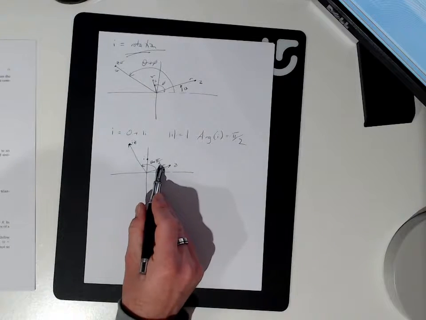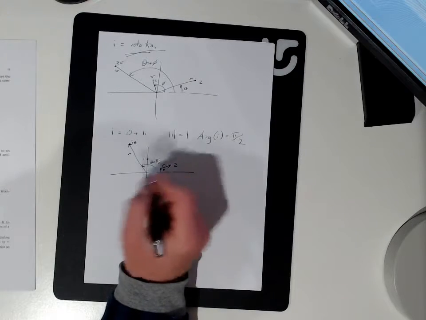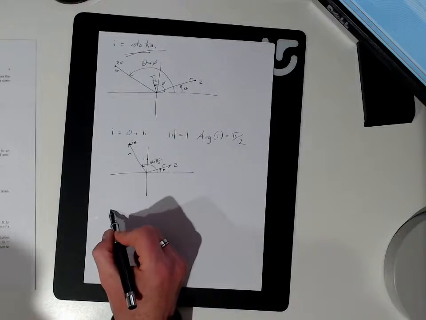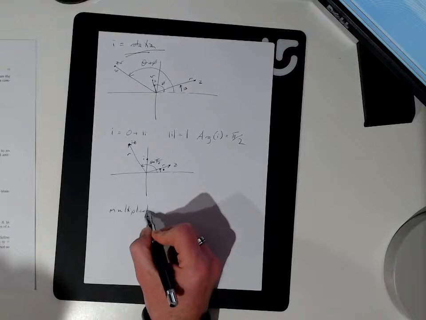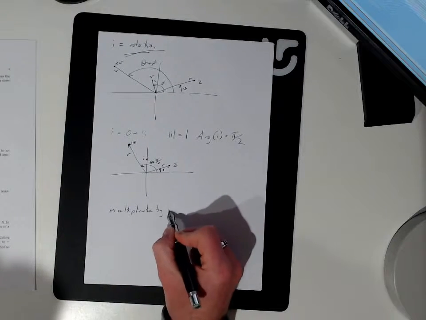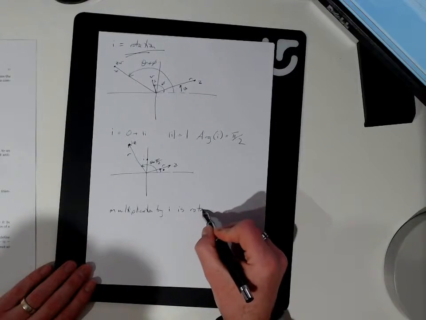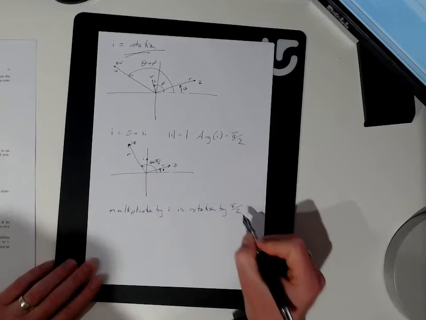So rotation by 90 degrees, and the length of this line is 1 times r. So multiplication by i is rotation by pi over 2.